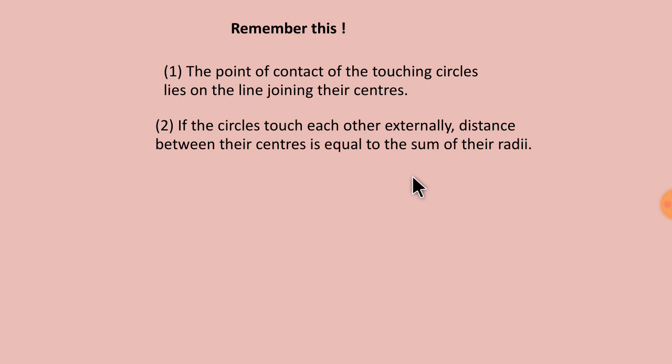Is equal to the sum of their radii. If the radius of first circle be R1 and the radius of second circle be R2, then distance between their centers is equal to R1 plus R2. म्हणजे पहिल्याची त्रिज्या आपण R1 मानू शकतो आणि दुसऱ्याची त्रिज्या R2 मानू शकतो, आणि to find the distance between their centers we get adding the radii of two circles.